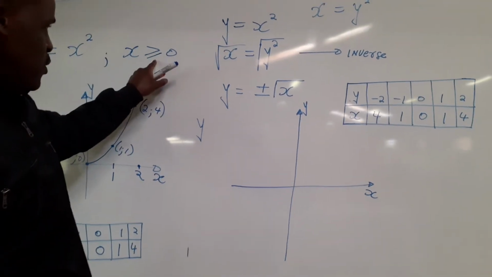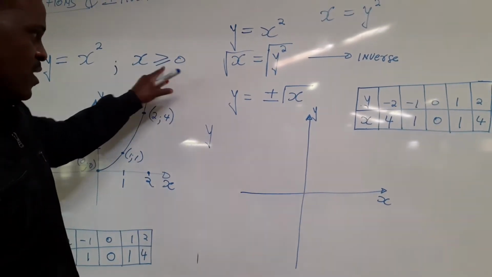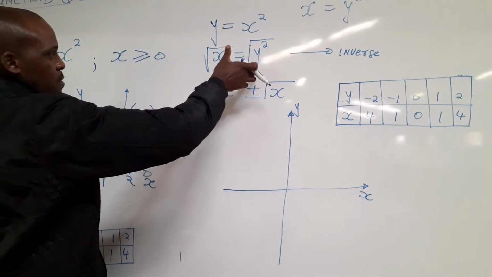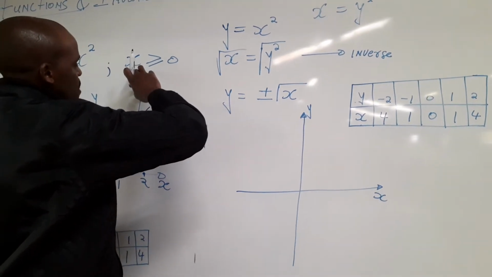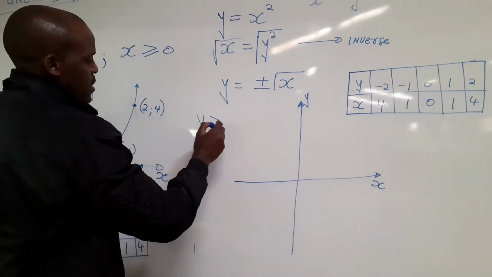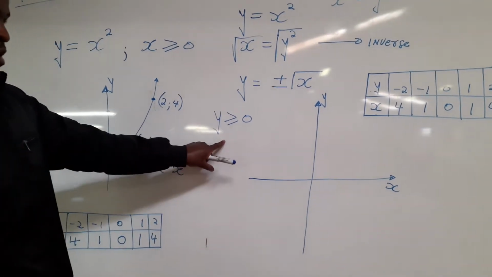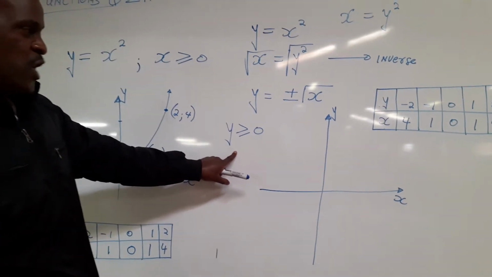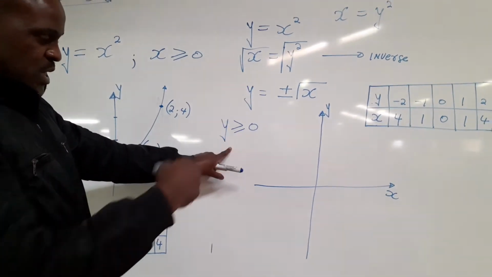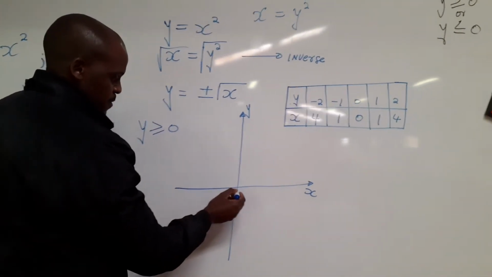It's y greater or equal to 0, after we have found the inverse. That's why we are going to sketch our graph above the x-axis, not below the x-axis.